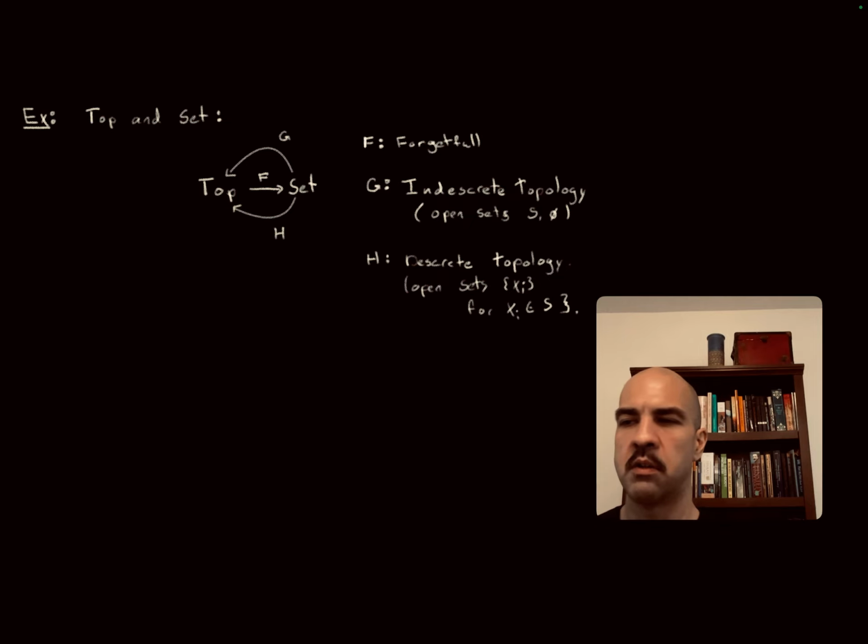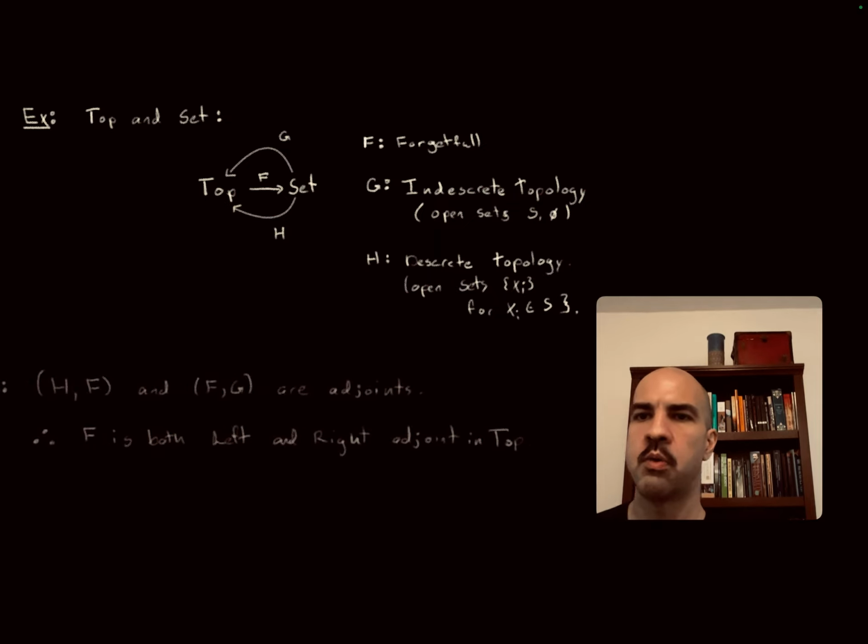Similar to this, but a little bit more emphasis, we can also define the discrete topology for sets, where we just define the open sets to be the singleton sets for each of the x_i in a set S. So we have these two functors, G and H, and then we have the forgetful functor.